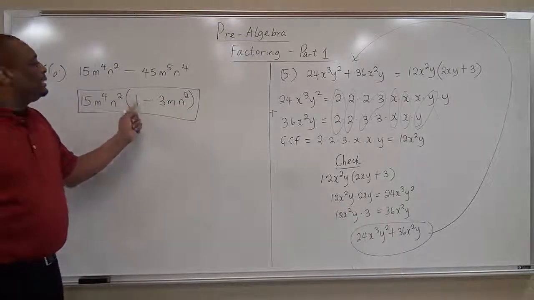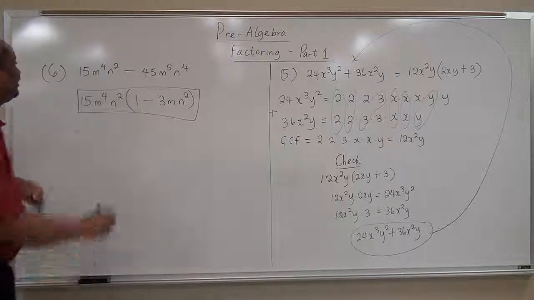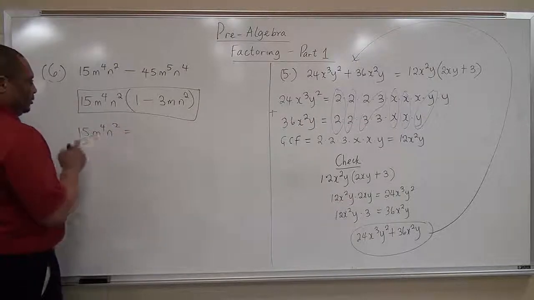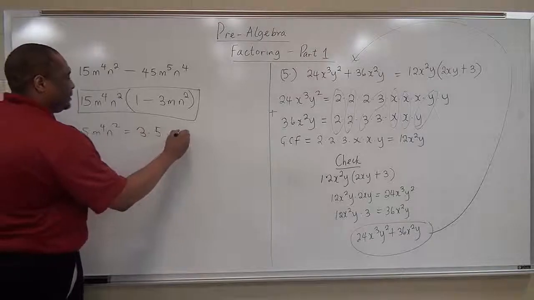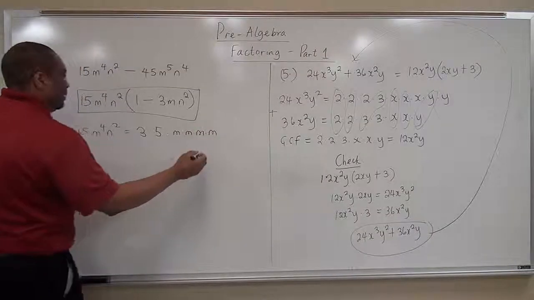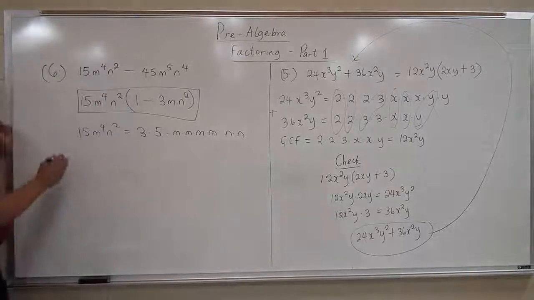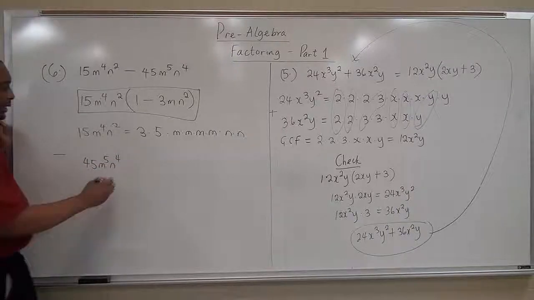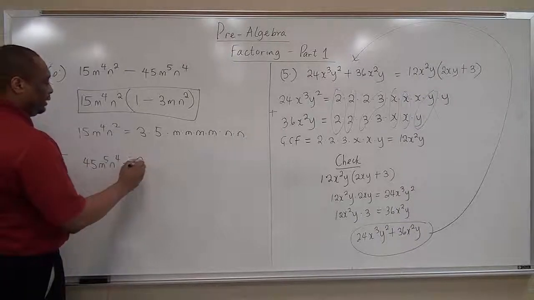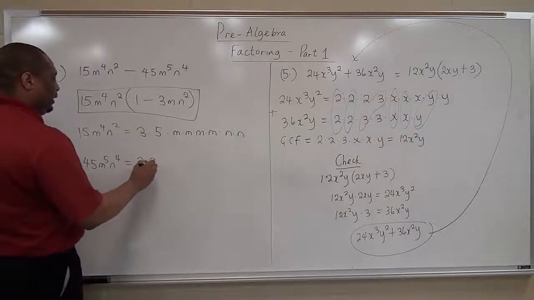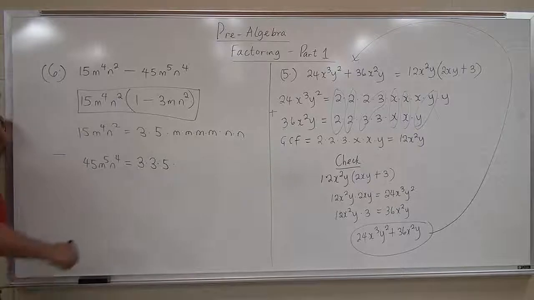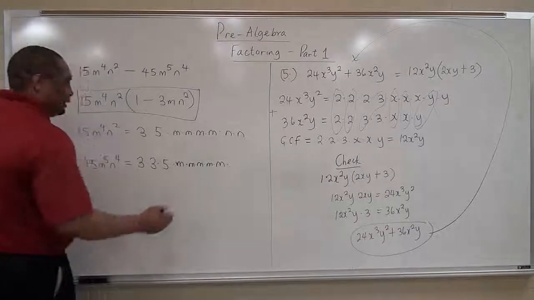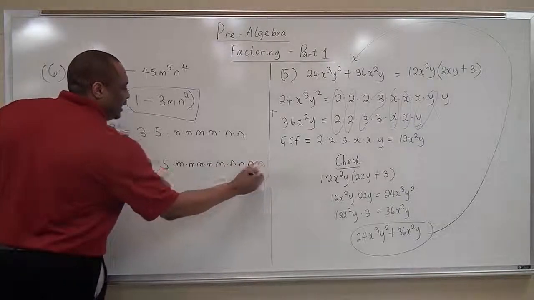Now, let me explain this, because some students get confused here. If you have 15m⁴n², this is 3 times 5 times m times m times m times m times n times n. Then minus 45m⁵n⁴, which is 3 times 15, so 3 times 5, times m times m times m times m times m, times n times n times n times n.